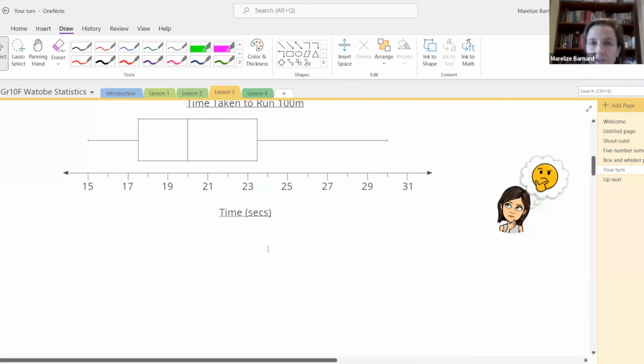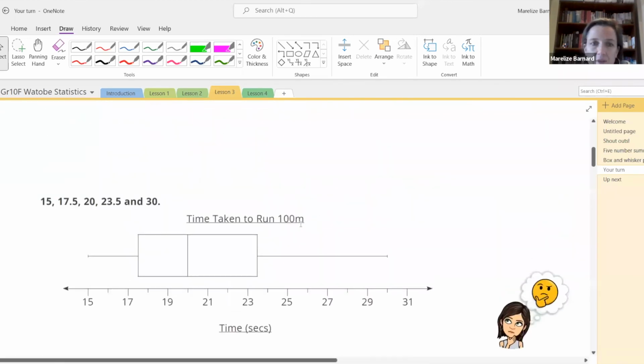Okay, let's have a look. Here's our 5-number summary. Our minimum is 15, our max is 30. And then we've got 17.5 for the lower quartile and 23.5. Now remember, you have an even number of data values here, so you need to do it a little bit differently.